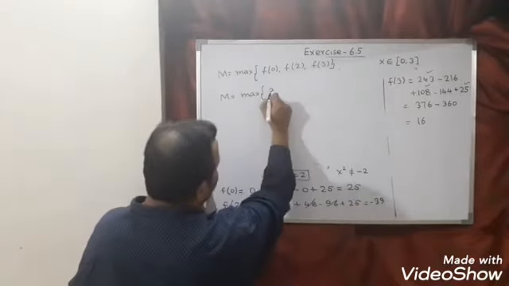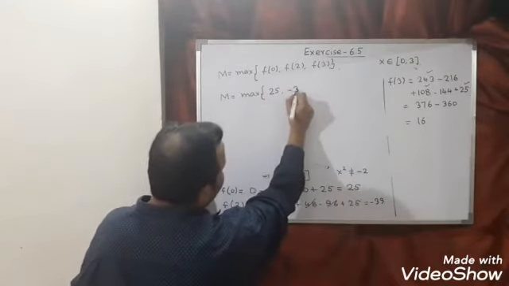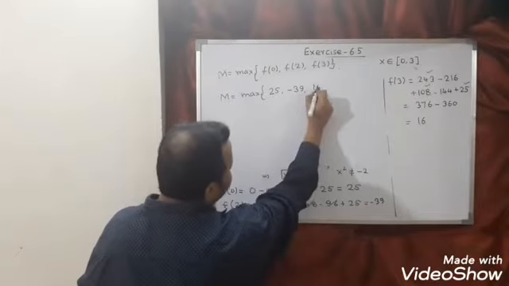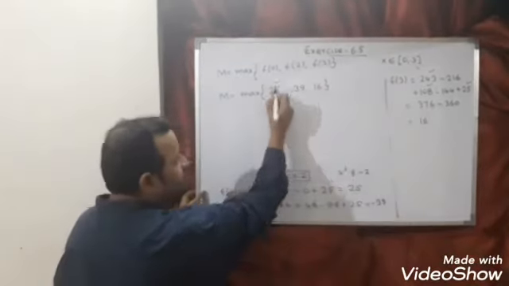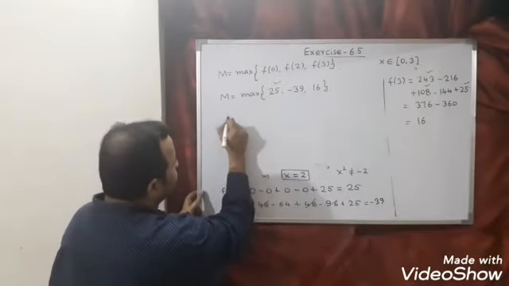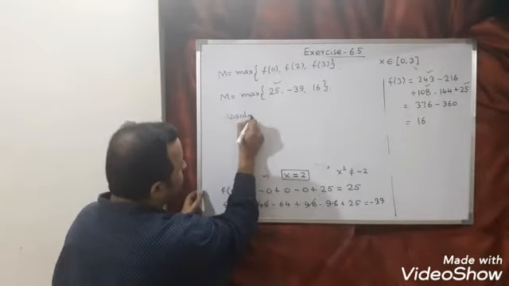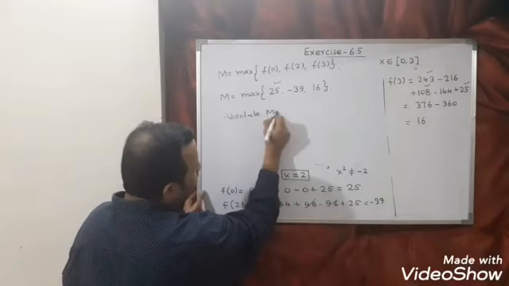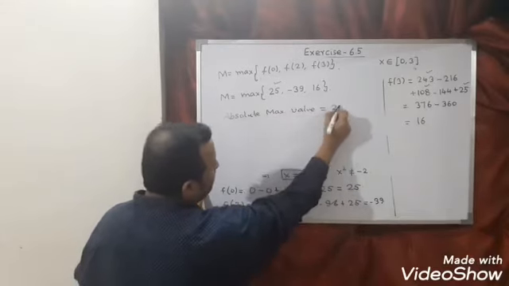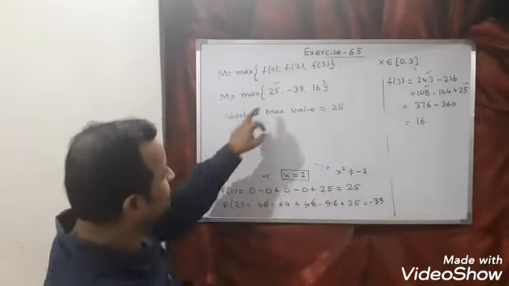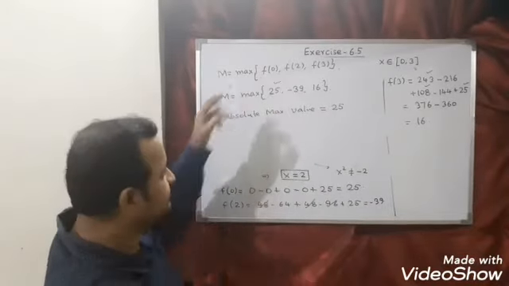It is 25, minus 39, and this value is 16. So what is the maximum value here? Maximum value is 25. So here I can say absolute maximum value is equal to 25. And at which point are we getting 25? At x is equal to 0.